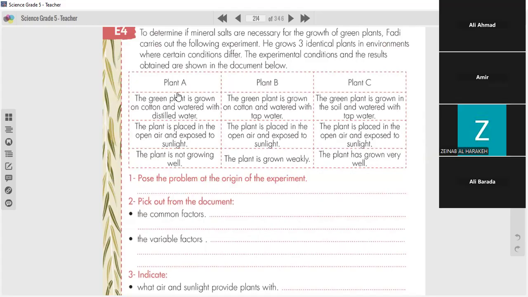You didn't put something for it. You have to look here. The green plant is grown in cotton and watered with distilled water. So distilled water, what does it mean? What does it mean by distilled water?